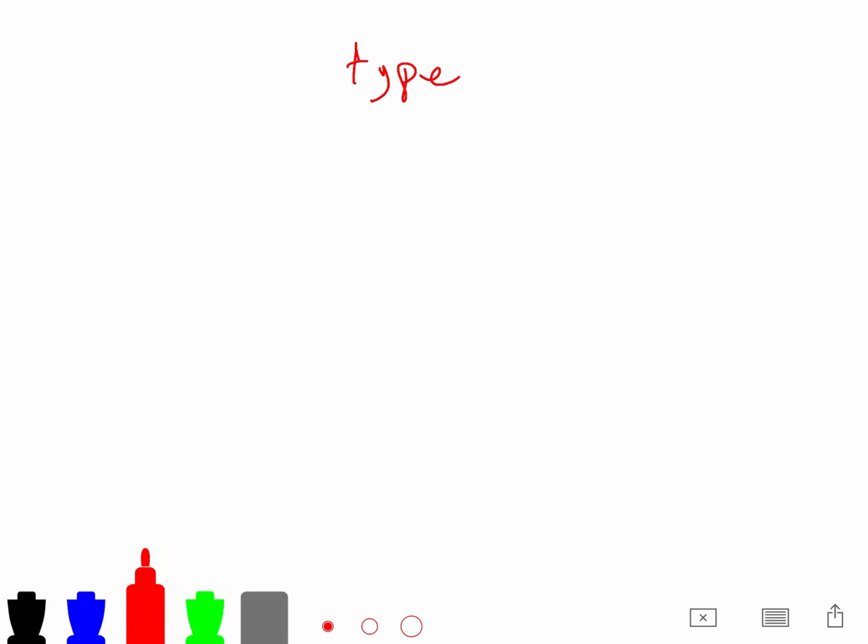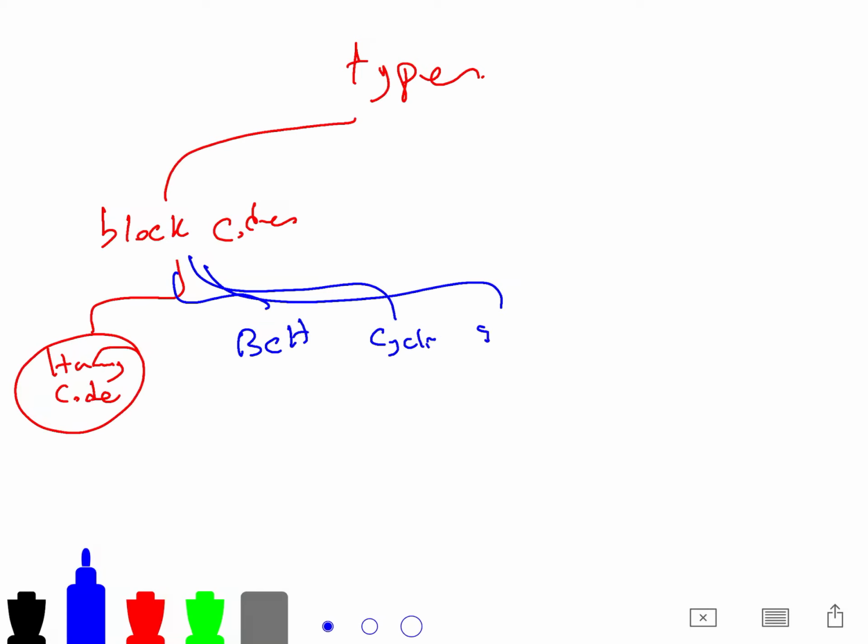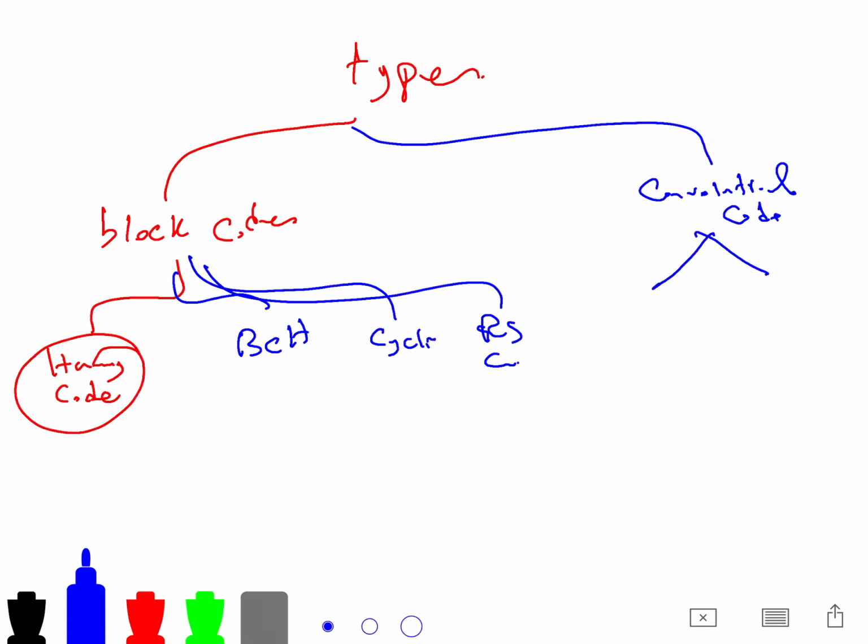There are lots of codings, and most of them are block codes. And for block codes, Hamming code is very popular. Hamming code and BCH code, cyclic code, RS code. And the other type is convolutional code, either turbo code or trellis code. So they have memory elements.